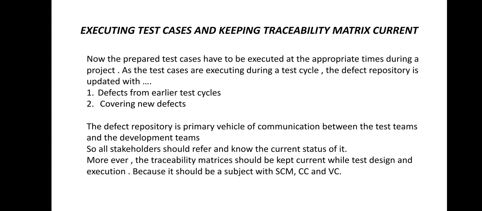All the stakeholders should refer to it and know the current status. Moreover, traceability matrices should be kept current during test design and execution. That means you are doing test design, executing test cases, and for the data of these test cases there are matrices known as traceability matrices. You have to update them and keep them current.